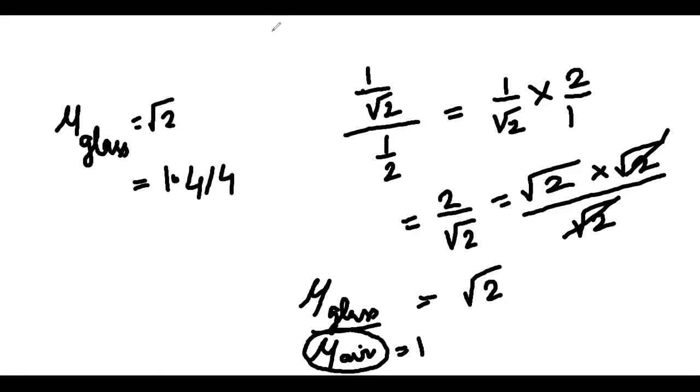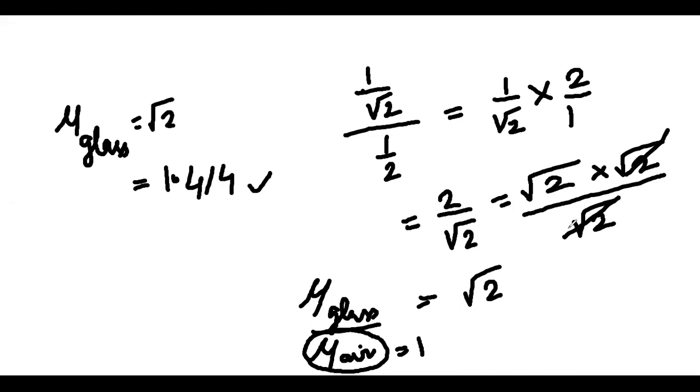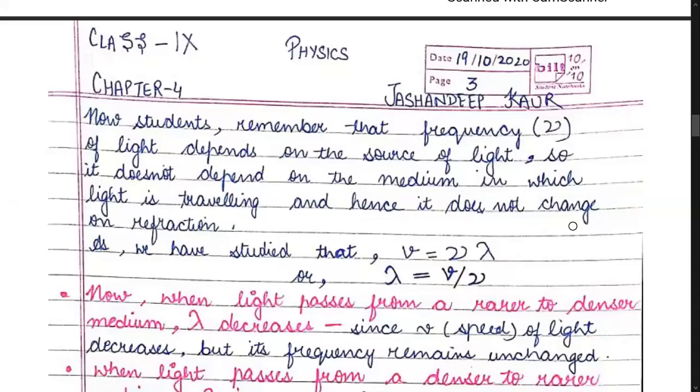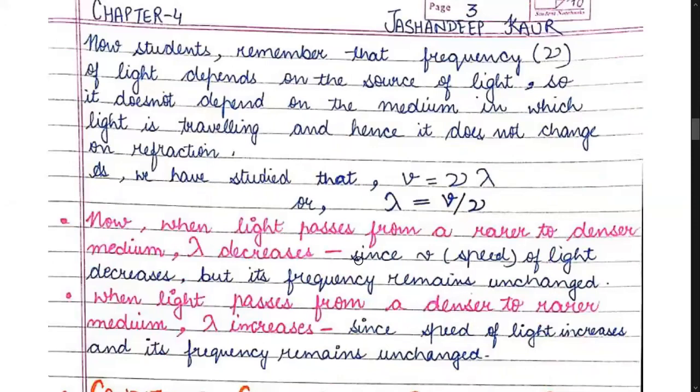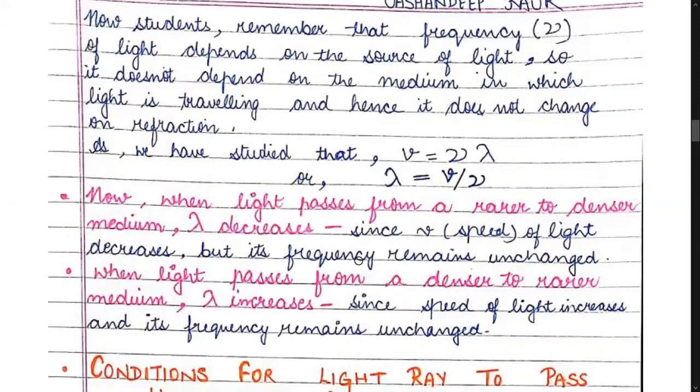So you can write down your refractive index of glass as 1.414.